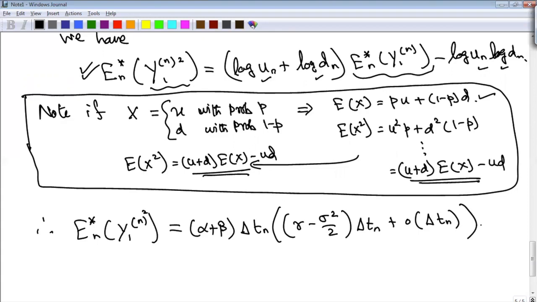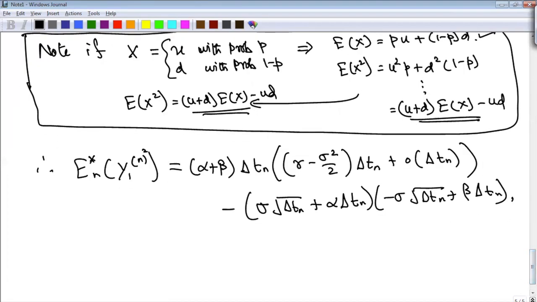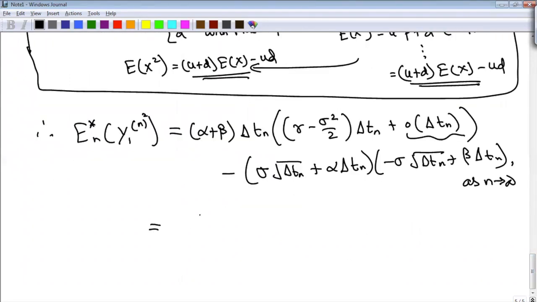Therefore, I have to write as n tends to infinity minus this term. Again, you know what is un and what is dn, and if you just supply here, tn plus alpha delta tn into minus sigma root delta tn plus beta delta tn as n tends to infinity. And again you can just club all the terms together and bring only certain terms. This into this will give you order 1. This and this will give you order 2, therefore they are higher order, right?